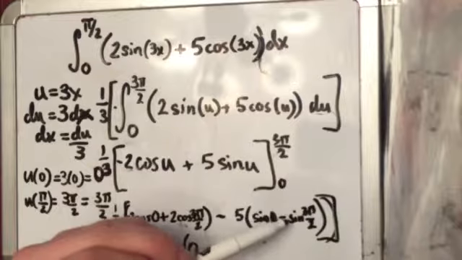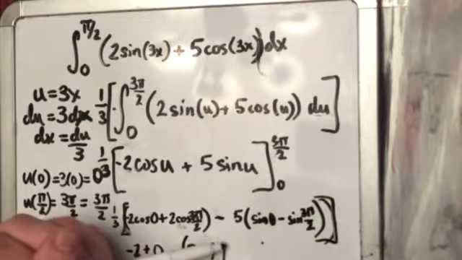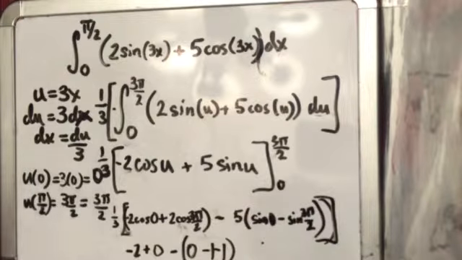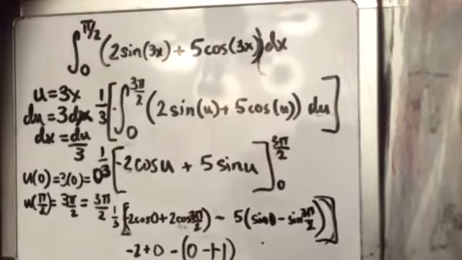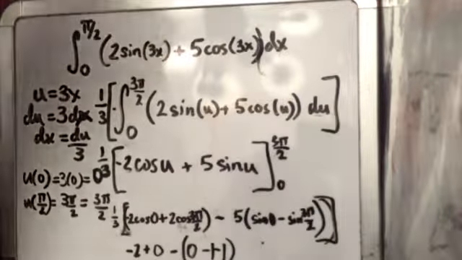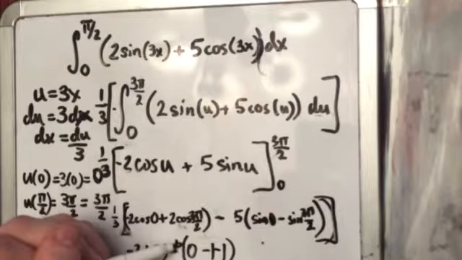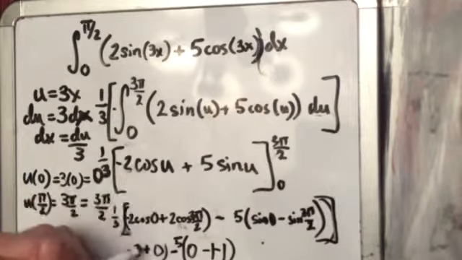And then sine of 3 pi over 2 is negative 1. So it's negative 2. Oops, my bad. Yeah.